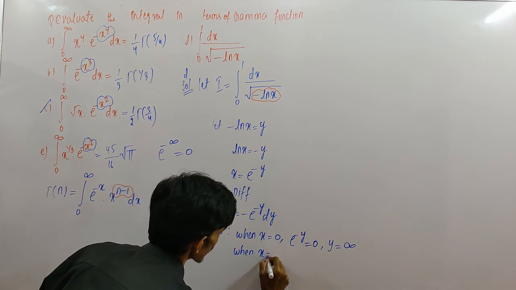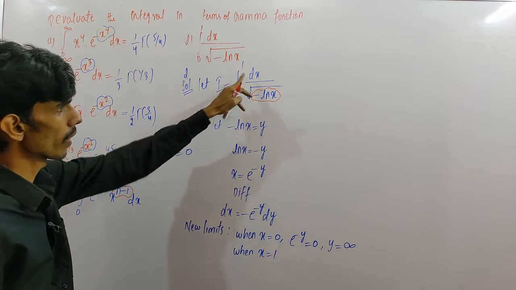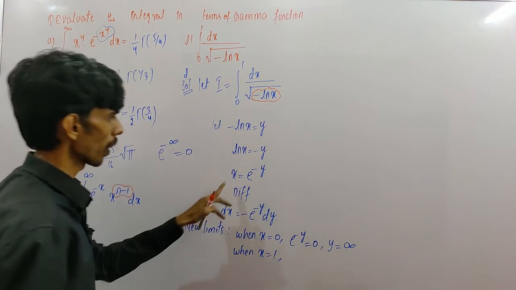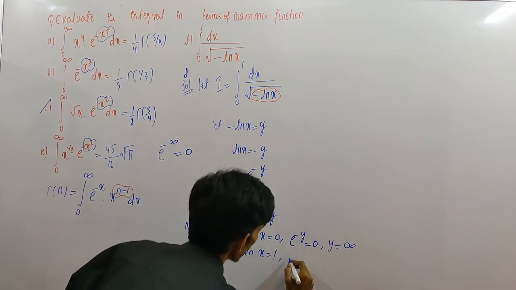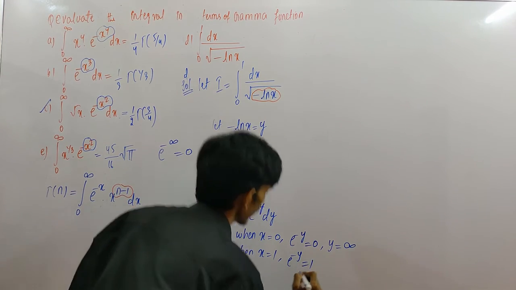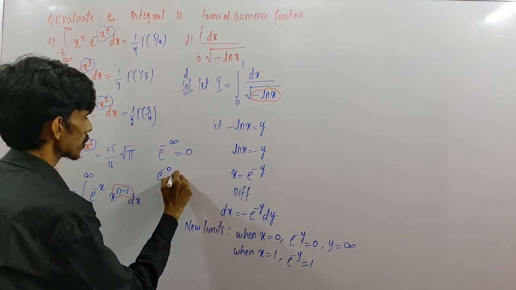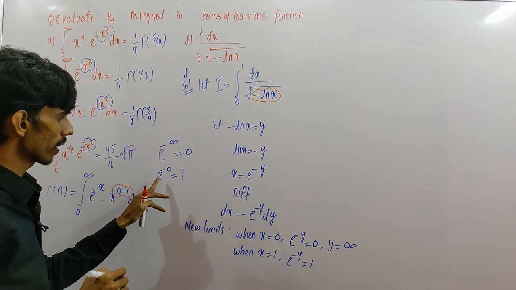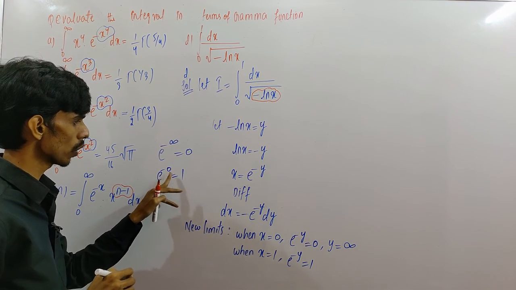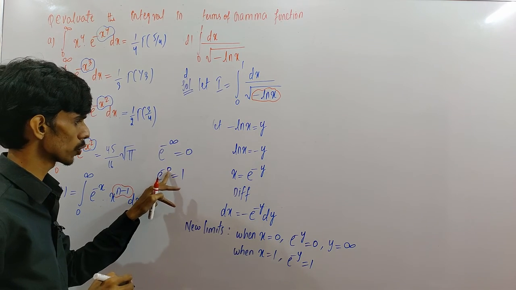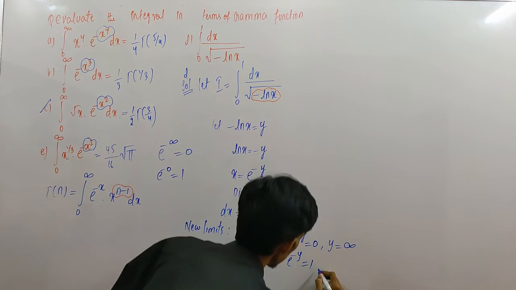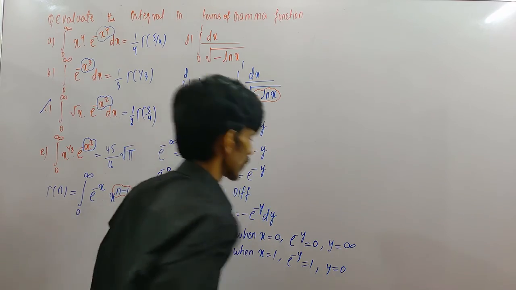When x is equal to 1, upper limit for x is 1, substitute 1 here, so e power of minus y is 1. We know that e power of minus 0 is 1. So whenever the power of the exponential is 0, we will have 1. So this should be 0. So this y value should be 0.